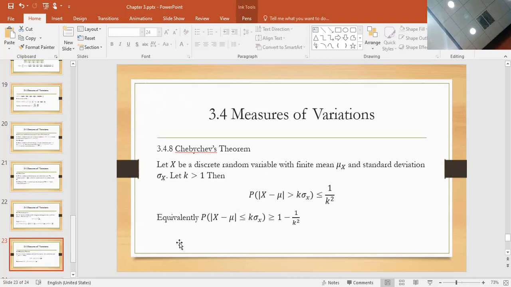If you subtract mu from each term, you have minus sigma is less than x minus mu less than sigma. As some of you who have done real analysis know, the absolute value of x is less than a if and only if minus a is less than x less than a. That is the expression we have. So this is for k equals 1.